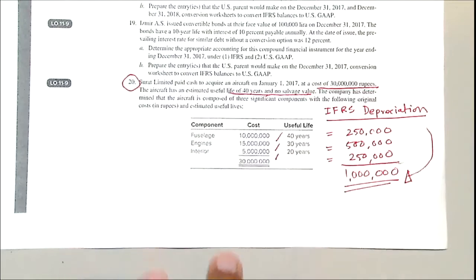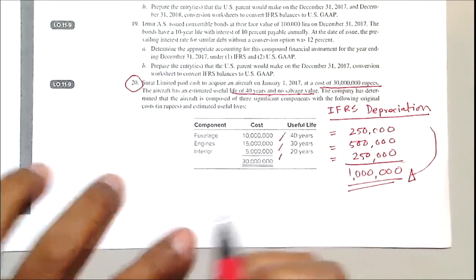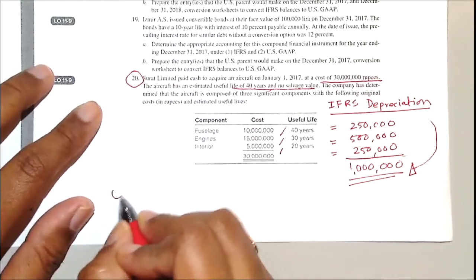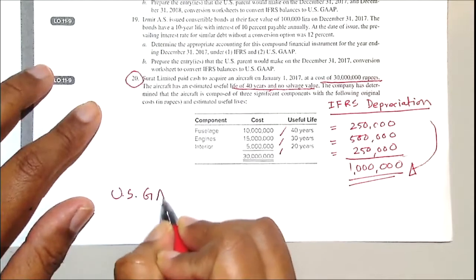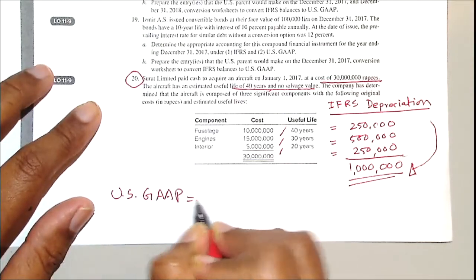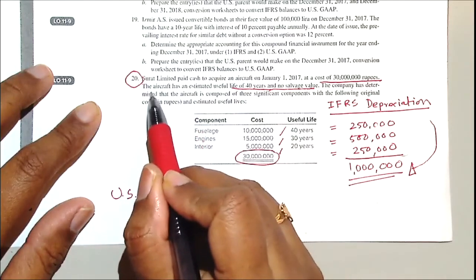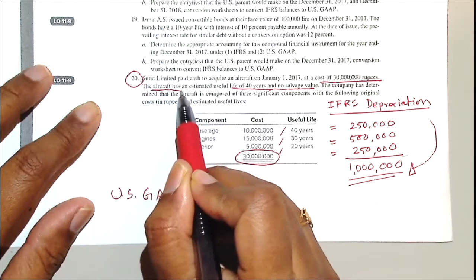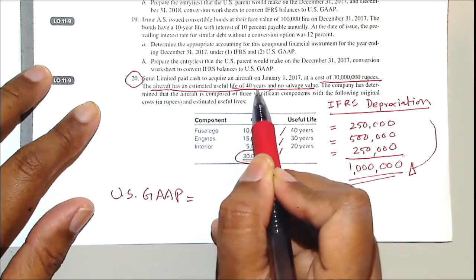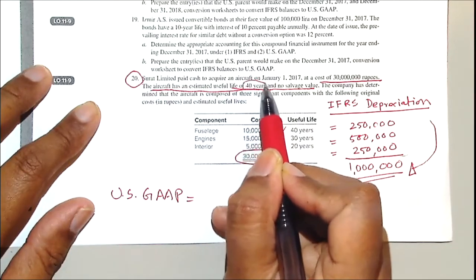US GAAP says you calculate only one depreciation. So can you calculate this depreciation if you follow US GAAP? Let me do it here. If you follow US GAAP, you will calculate only one depreciation. This is your total cost, and the entire asset, that means the entire aircraft's estimated life, is 40 years.